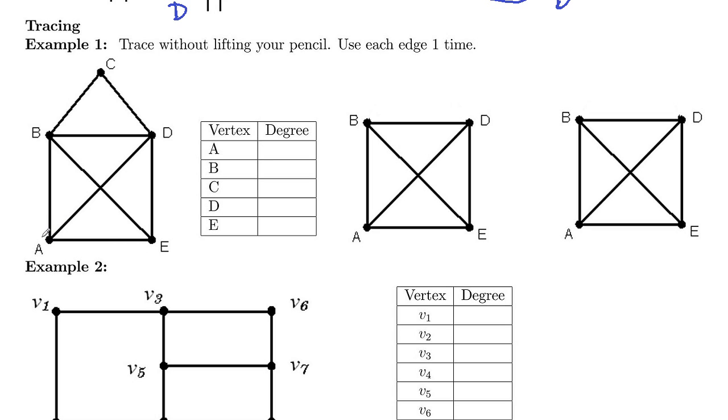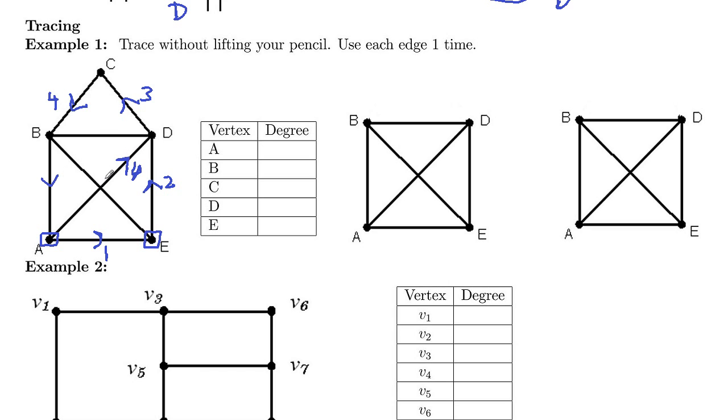In order to trace this, you actually have to start at A or E, and then you have to end at the other. So for example, we could go 1, 2, 3, 4, 5, and then we'll go around the inside. 6.